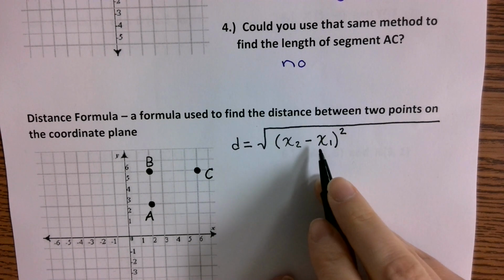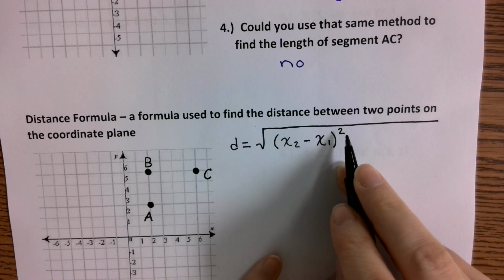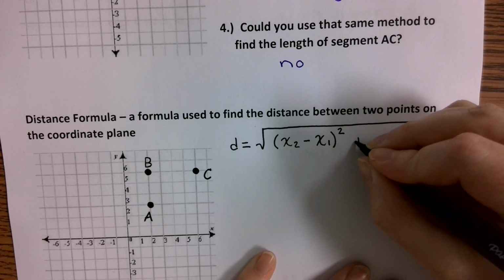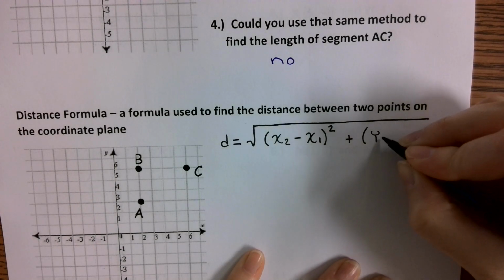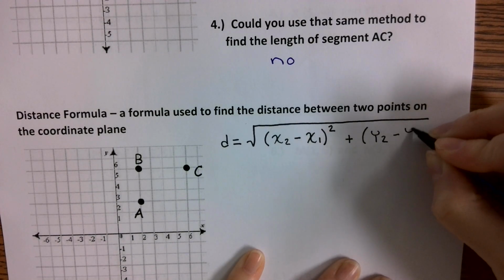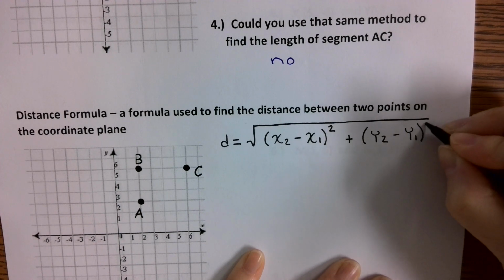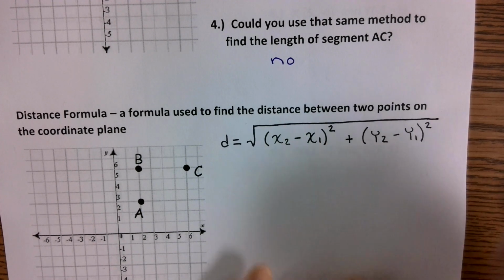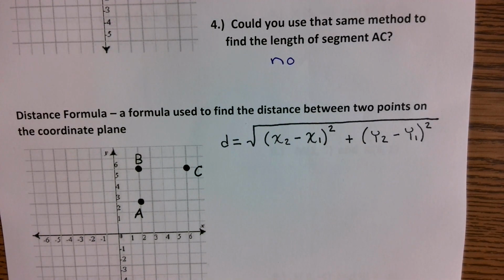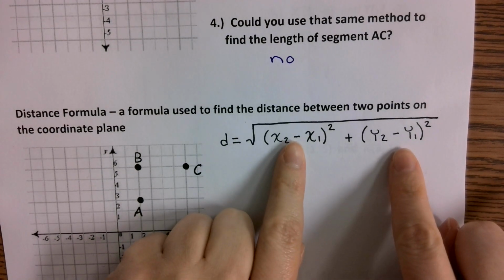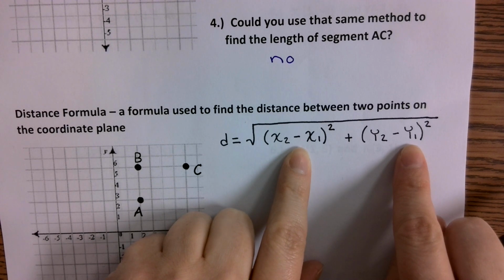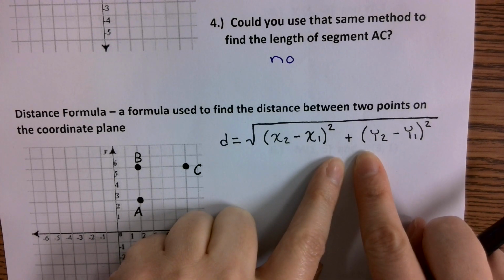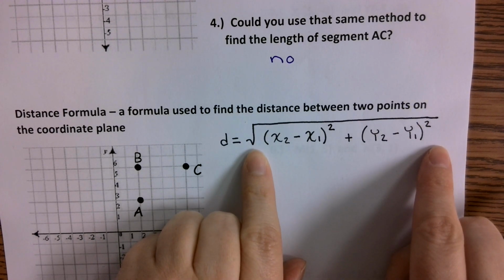You're going to take the difference and then you're going to square that. Plus, you're going to do the same thing for your y's. You're going to take your y2 and subtract your y1 and square that value. So basically the idea is you take the differences, you square them, you add, you square root.